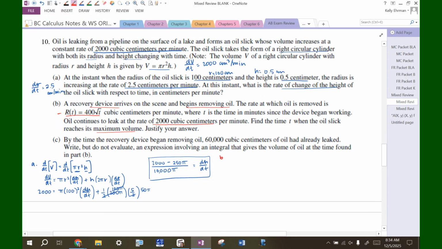Justify your answer. If I want the maximum of something, I want to take its derivative and find critical numbers. So the overall volume is the amount leaking in minus the amount leaving, right?